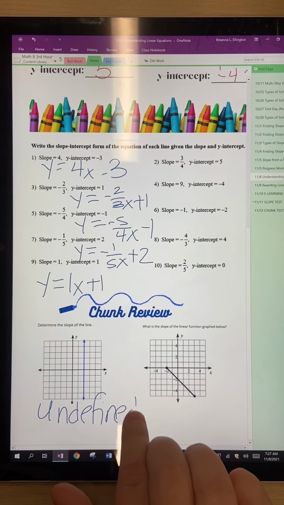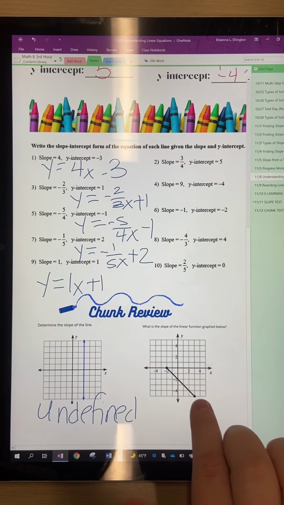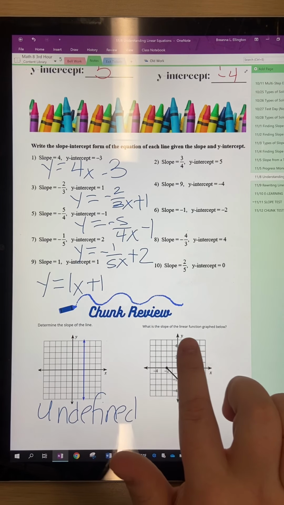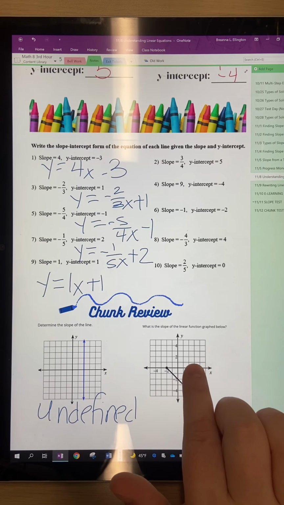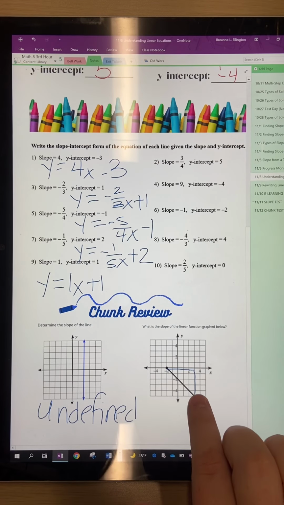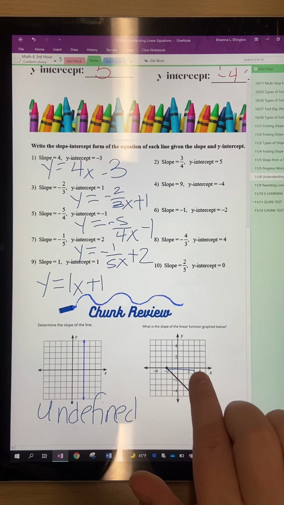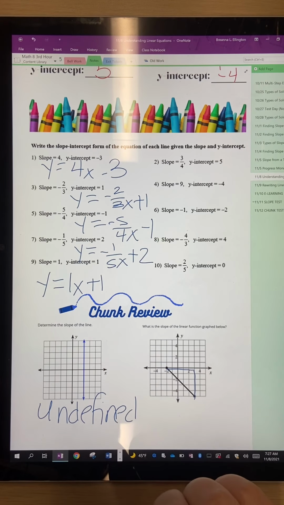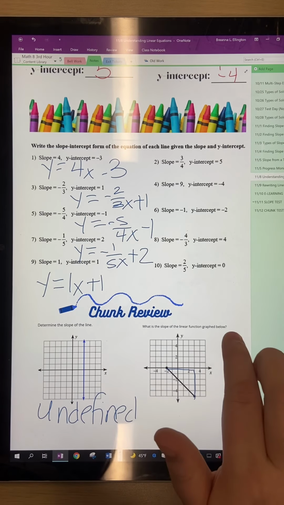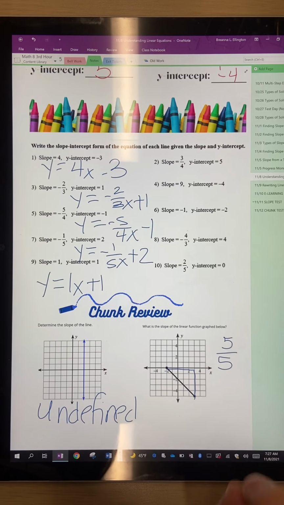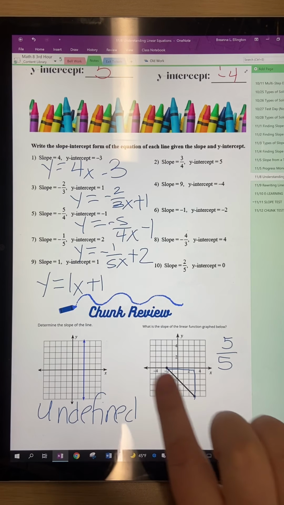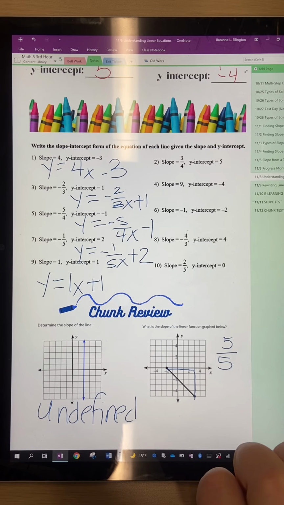All right. And then this last one, it says what is the slope of a linear function? So it's that rise over run. You're going to make your triangle, and then you're going to count how much you go up and then how much you go over. Okay. You should have had 5 over 5, but you're not done. What kind of slope is that? Is that slope positive or negative?